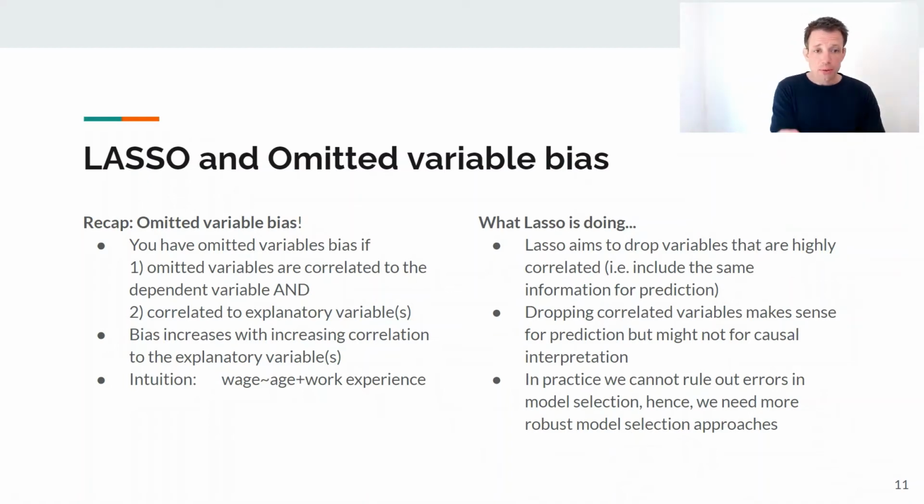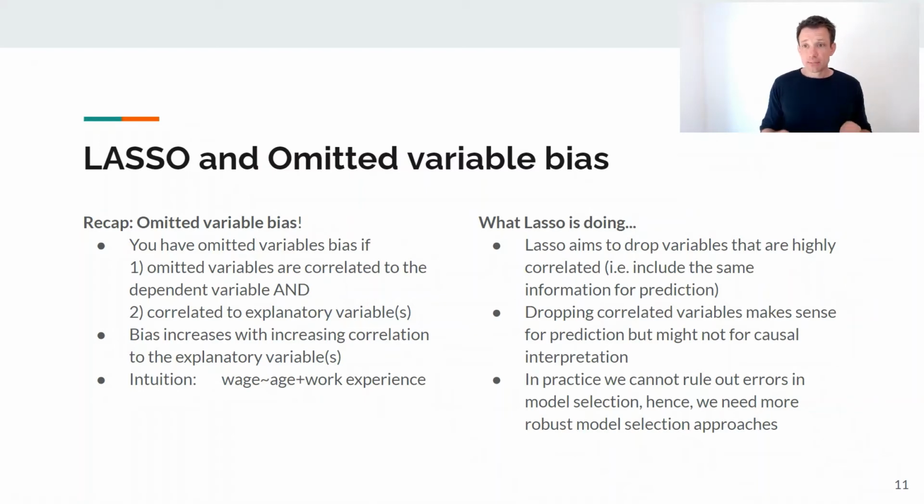Omitted variable bias results if you omit a variable, if you leave out a variable that is correlated to your dependent variable and to one or more of your explanatory variables.